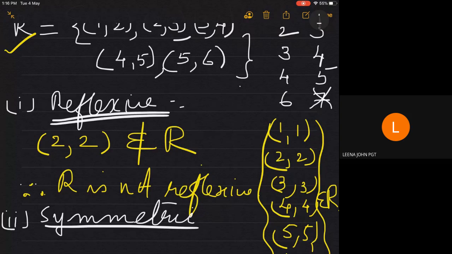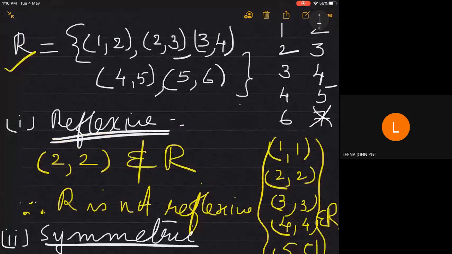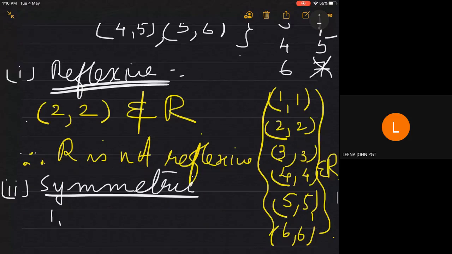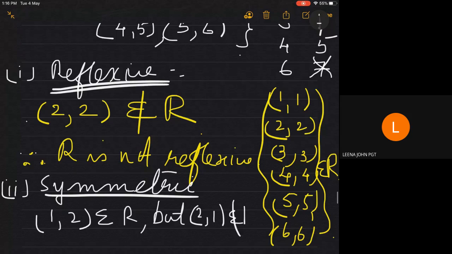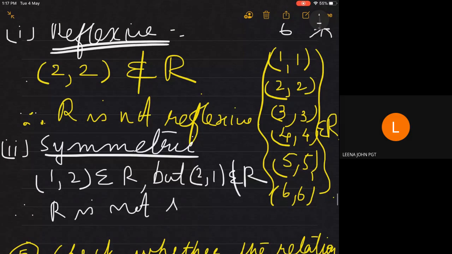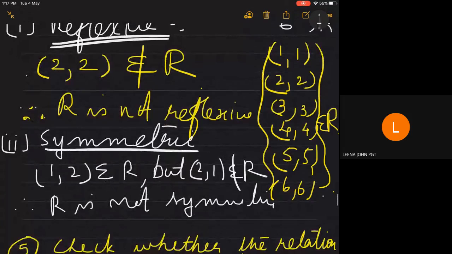If any element is present in R, its symmetric ordered pair must also be present in R. So now you consider the first element itself, 1 comma 2. 1 comma 2 is present in R, but its symmetric ordered pair 2 comma 1 is not present. 1 comma 2 is in R, but 2 comma 1 is not in R. Therefore, R is not symmetric. Then for next, transitive.